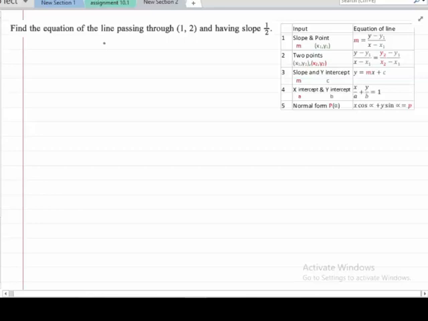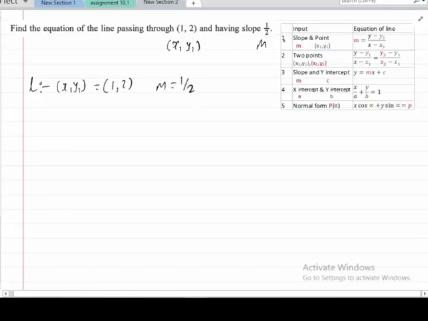You have to find the equation of the line passing through the point 1, 2 and with slope m, which is 1 by 2. So first of all, let's collect the data for line L. x1, y1 is 1, 2, and the slope is 1 by 2.